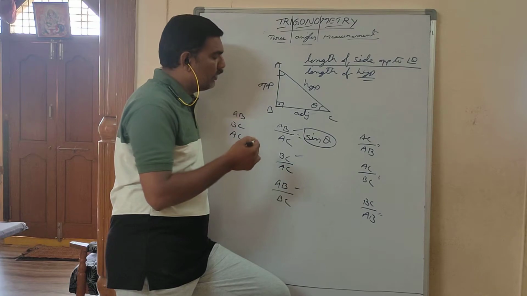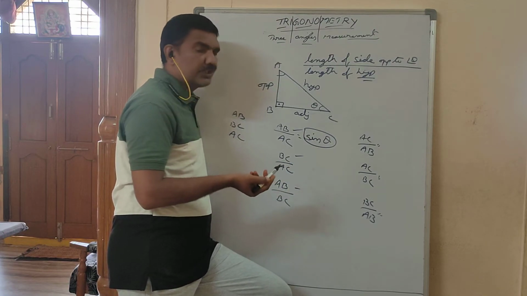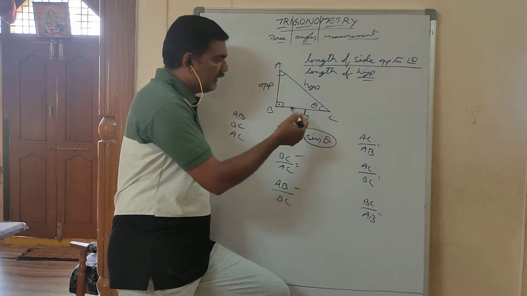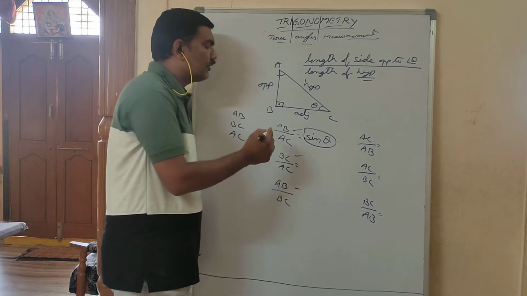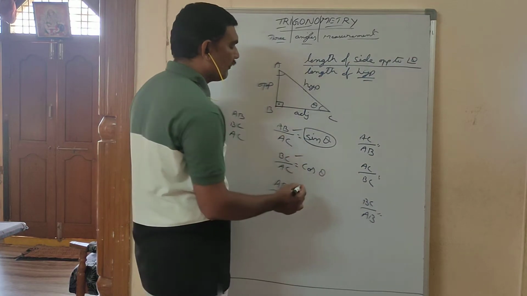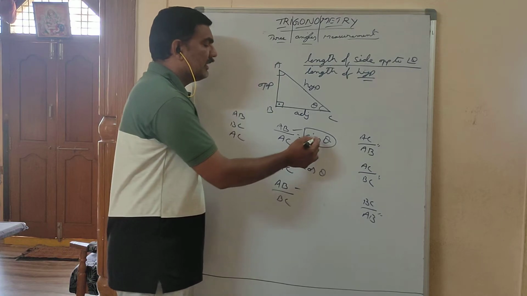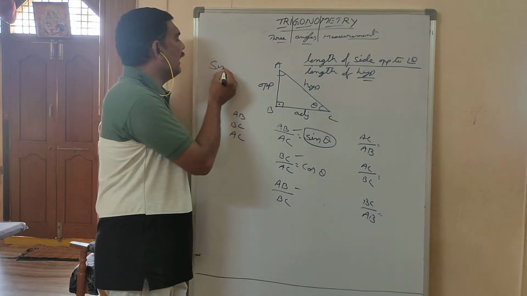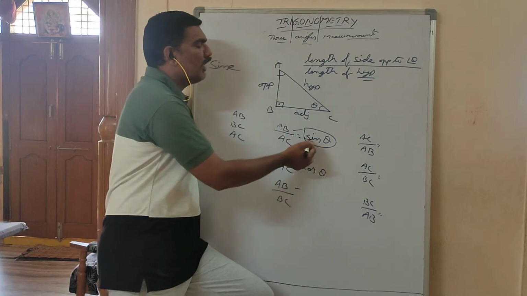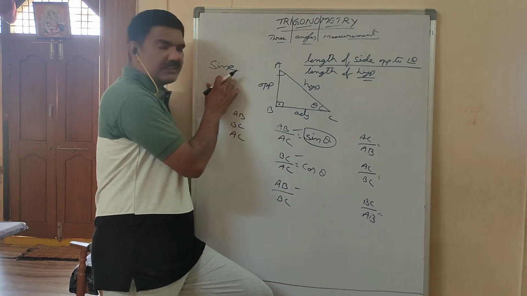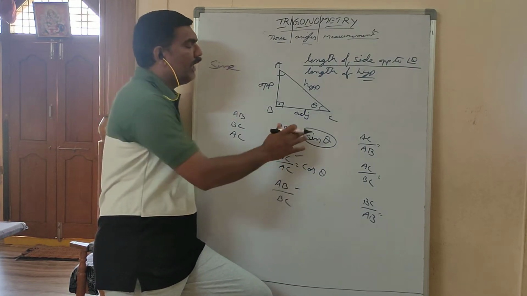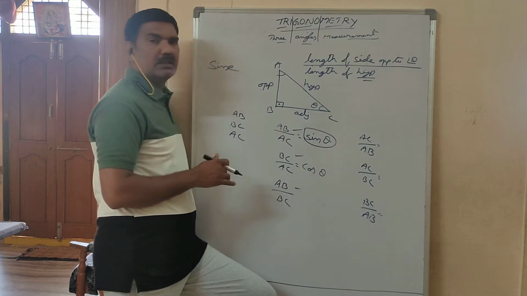Next, what you have to do? You should know one more ratio. That is BC by AC given. So they defined this ratio's name as cos theta. See, sine full name is SINE. SIN is the short form. You have to read it as sine only.